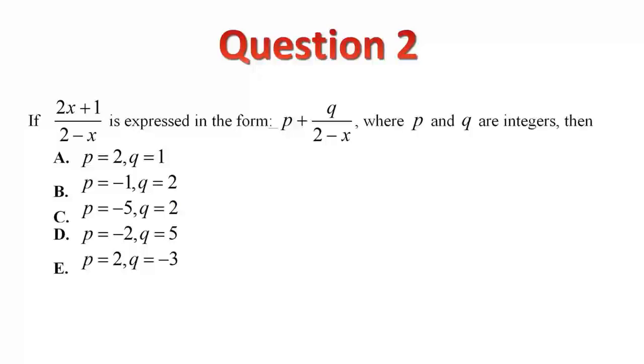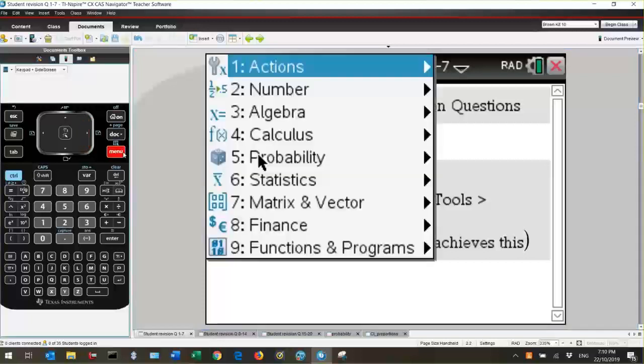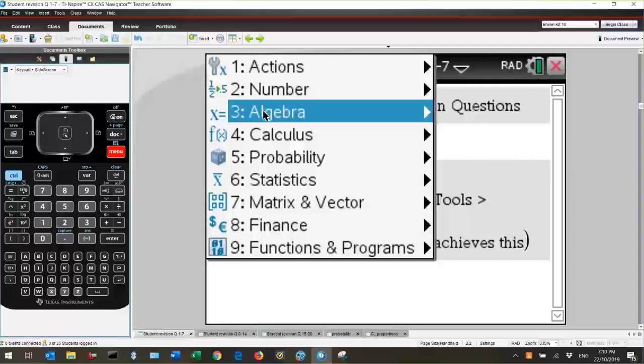Now, when this question was asked a few years ago, almost half of students got it wrong, and of those that got it right, many spent a lot of time doing polynomial division, whereas in fact your Nspire will guarantee that you got the right answer, because there's a proper fraction command. To access the proper fraction, it's menu, algebra, and down there you've got fraction tools.